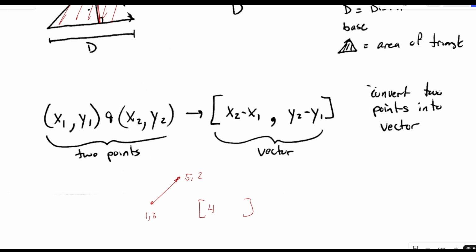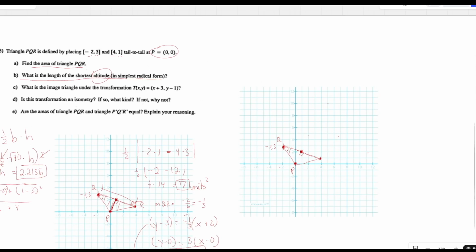Right, 5 minus 1 is 4. And then, well, we call that 12. And then it's up 9. So this is more complicated when you read all these symbols, but that's what's going on. If you have 2 points, you find the difference in the x's, you put all that together, and it becomes a vector. All right. So on to C.